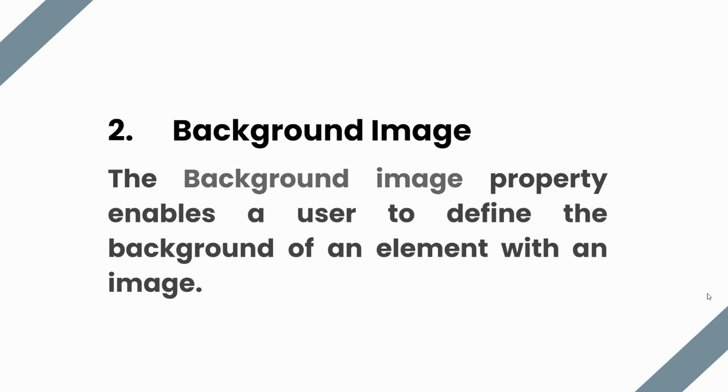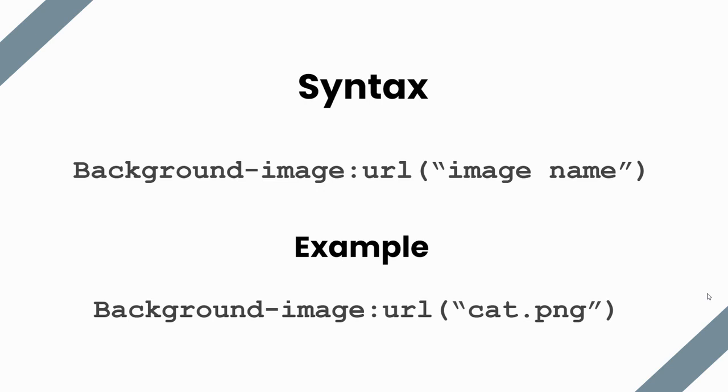So let's see the syntax. For the syntax of the background image, it's assigned a URL. This URL value actually specifies the location of the image you want to use. And as you can see, it has the brackets and double quotes which would hold the image name inside.